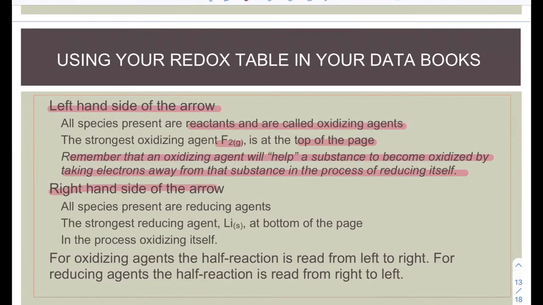The right-hand side of the arrow in these equations, all of these species are reducing agents. The strongest reducing agent is the bottom right-hand side of the page. That's our lithium solid, and it oxidizes itself. For oxidizing agents, the half reaction is read from left to right. For reducing agents, we reverse the reaction, reading it from right to left.